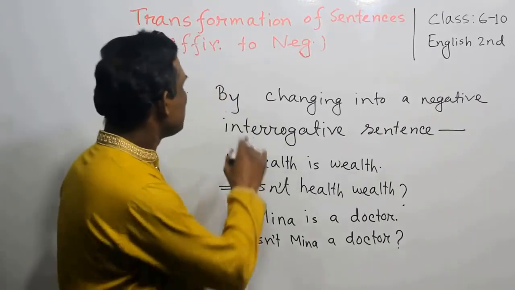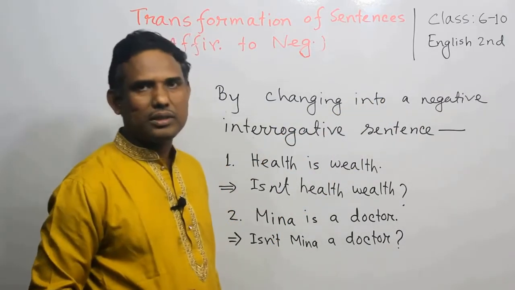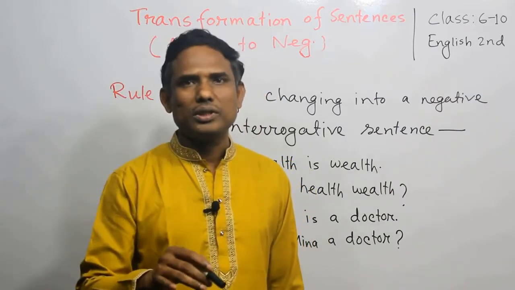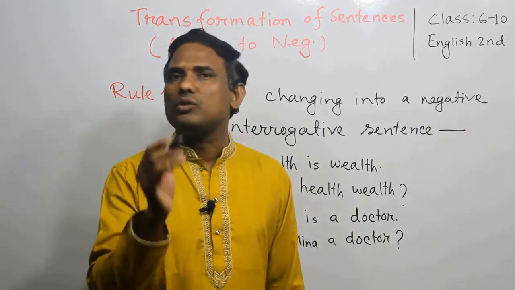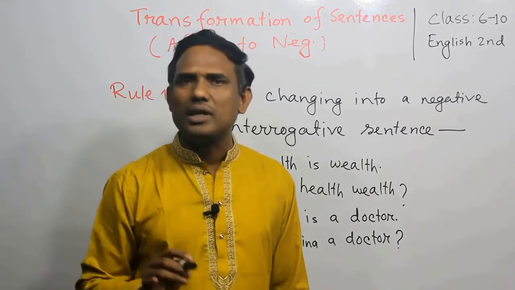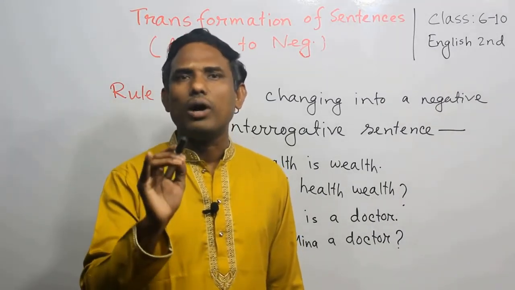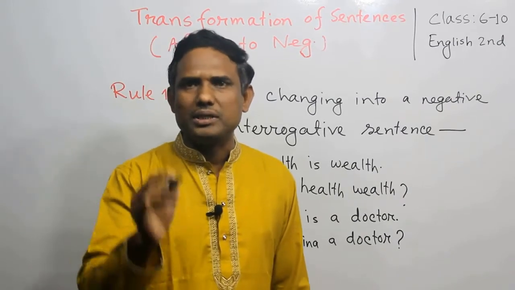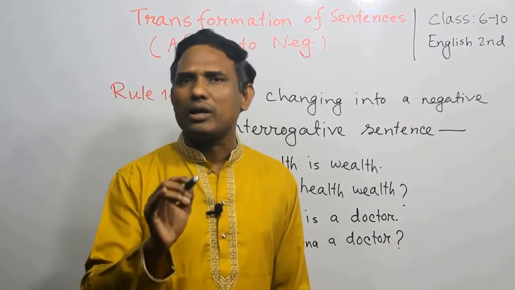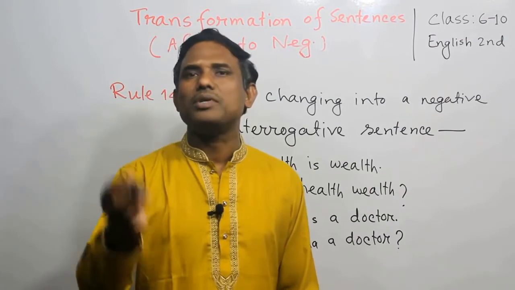Last rule. By changing into a negative interrogative sentence. Dear students, remember, you cannot use this rule in all cases. You can use this rule when the sentence expresses a universal truth or when you do not find any word that can be changed into an opposite word, or when you cannot change the sentence by following any one of the previous rules.